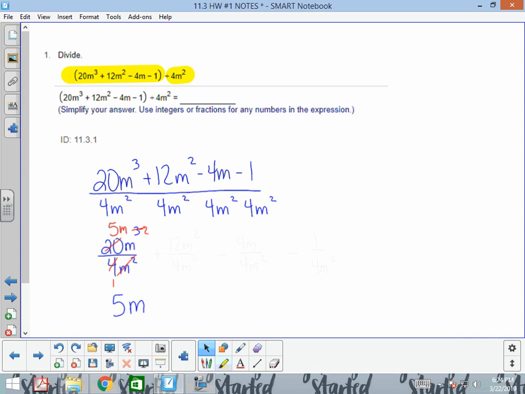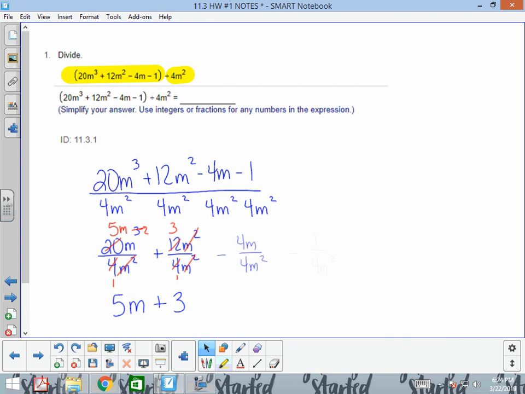Okay, now let's look at the second fraction. So this time we have positive 12 divided by 4. So those divide by 4. And we get 3. M squared divided by m squared. That's actually going to divide out and become 1s. So the second term simplifies to positive 3 over 1, which is just positive 3.